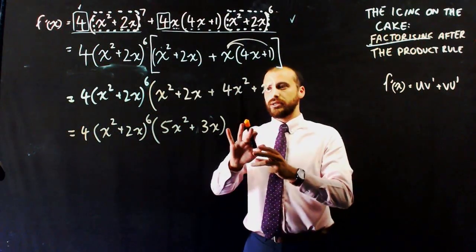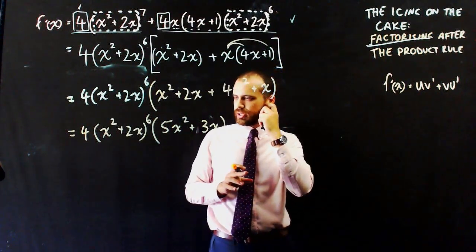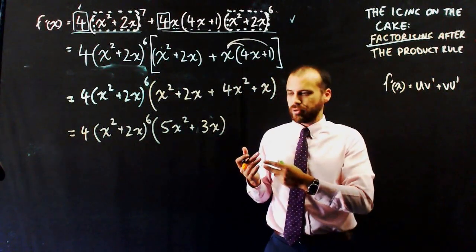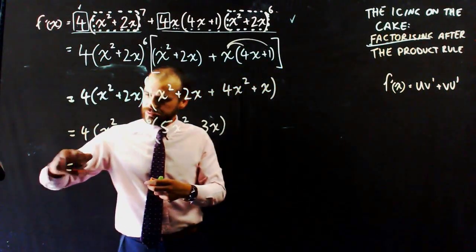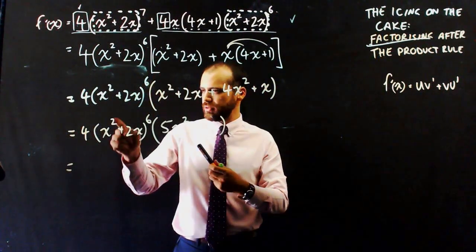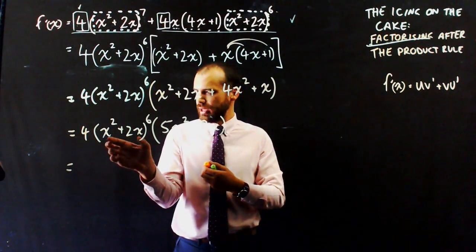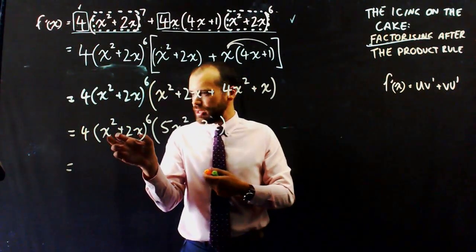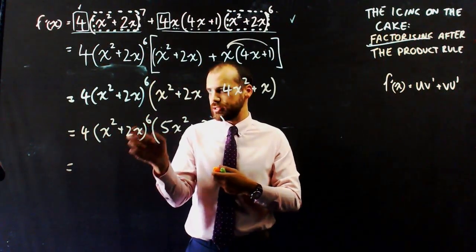Alright, we're looking pretty good there. Just need to take a look at what else we can pull out of our brackets. Now, here, you can see a common factor because x squared and 2x have a common factor of x, but that x is being raised to the power of 6.